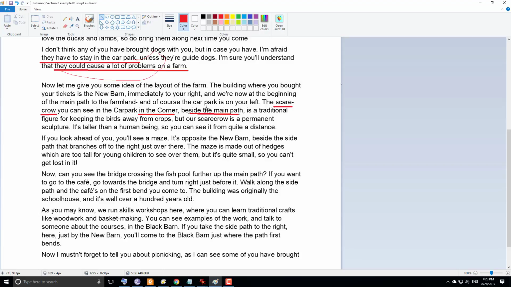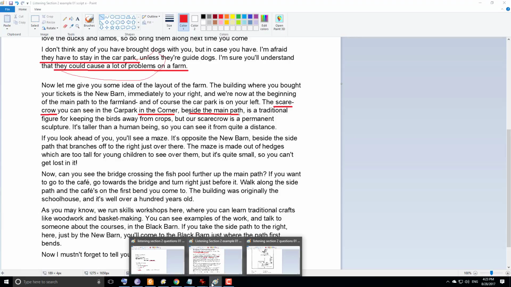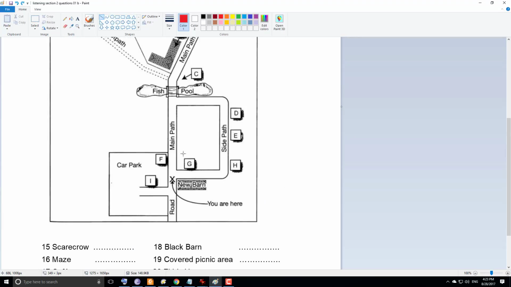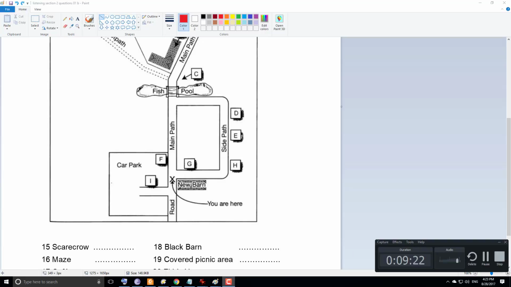They're not going to give you just 1 clue as to the location of these items. So in the corner beside the main path. So if we look at the map, main path is here, and in the corner, so there are your clues to find the answer.